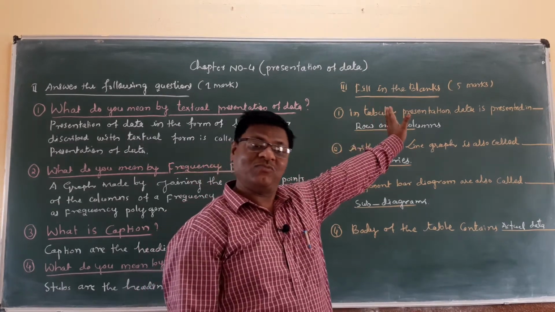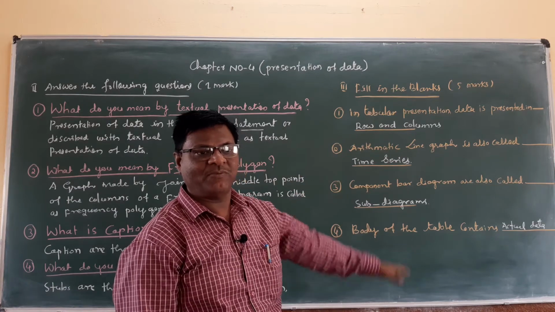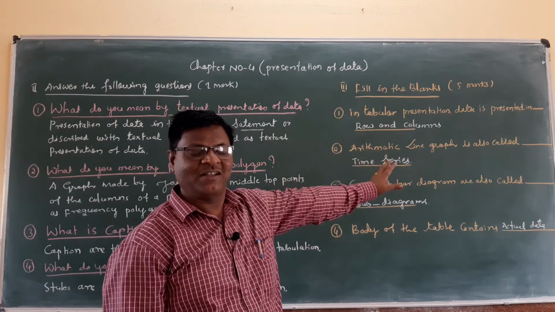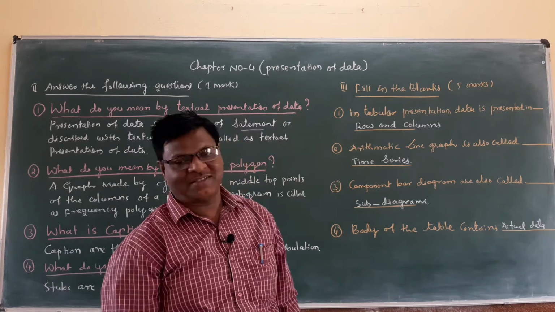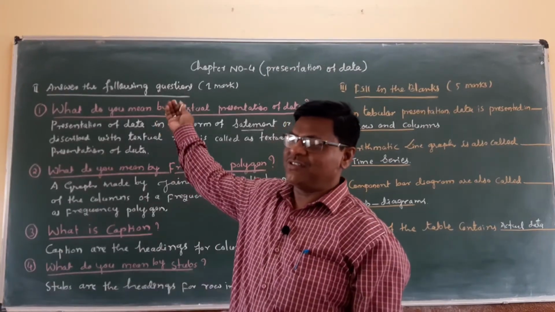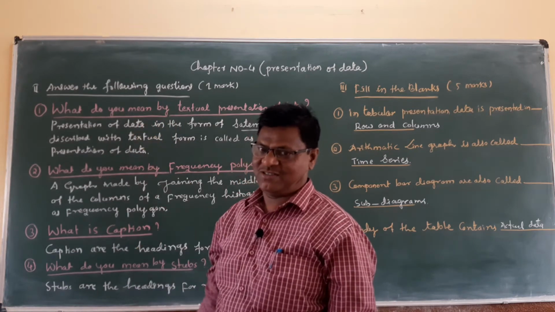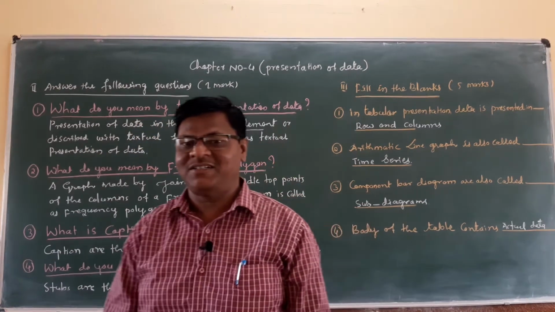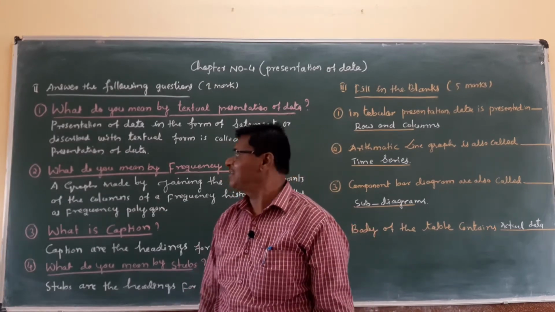These are the 4 important fill in the blanks. If you fill in these correctly, you will get 4 marks. So don't forget, these questions are very important to study.